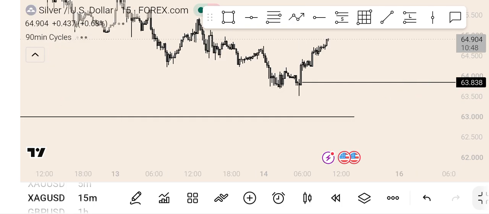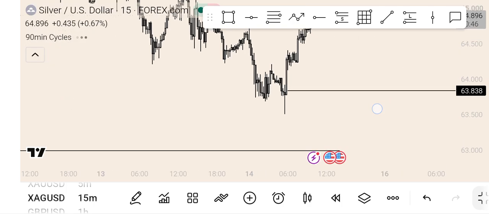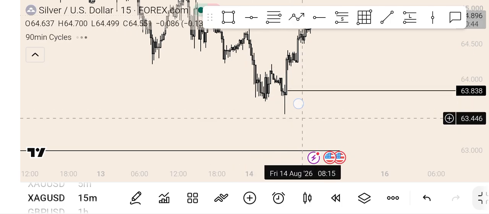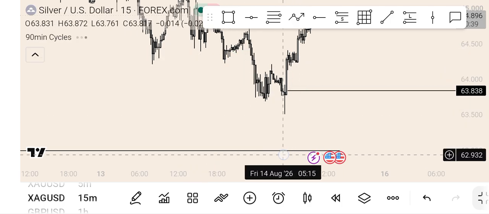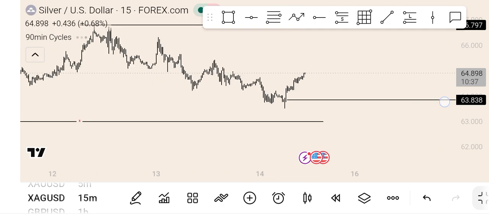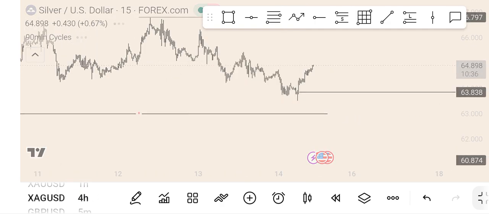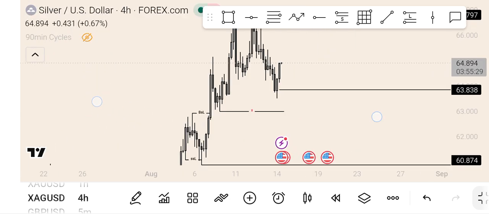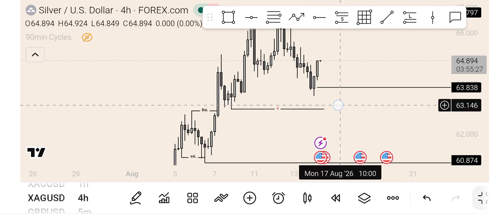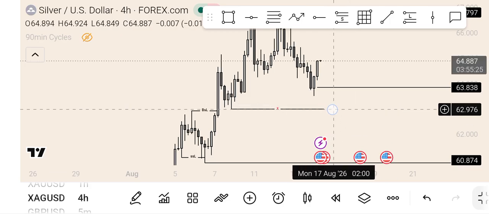Remember I showed you the SMT here, one correlated asset collected the other, and you get, so that's how it was. But me, I cannot find an SMT right now until this low, this major liquidity low, is taken. It's taken. That's my rule.